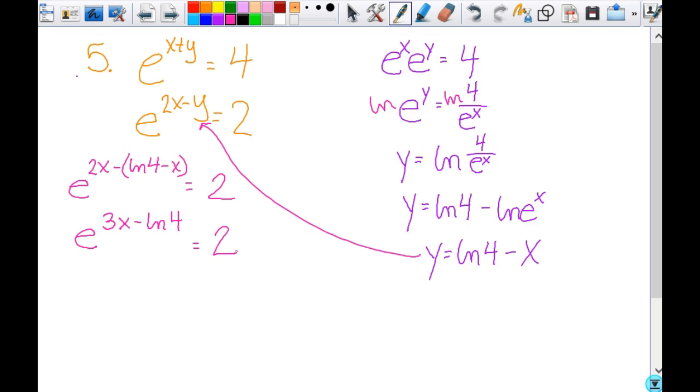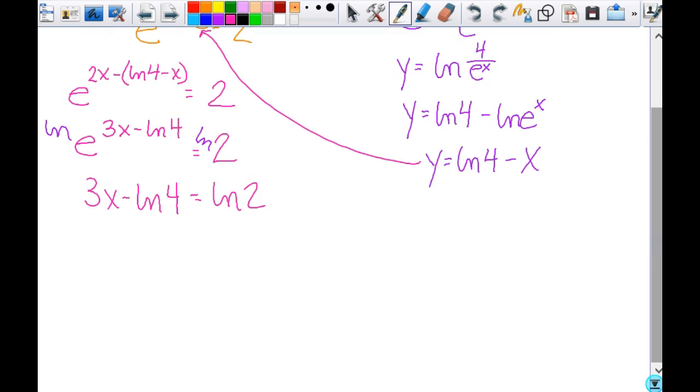So now I'm going to take the natural log of both sides to get my exponent out. So this is going to give me 3x minus the natural log of 4 equals the natural log of 2. Everybody with me? Stop me if I lose you.